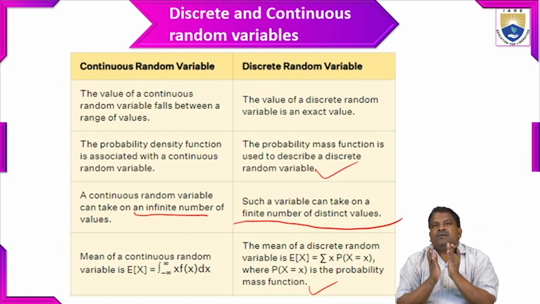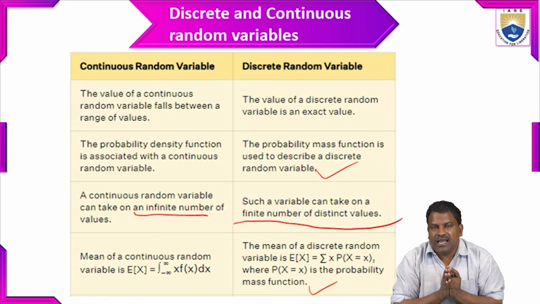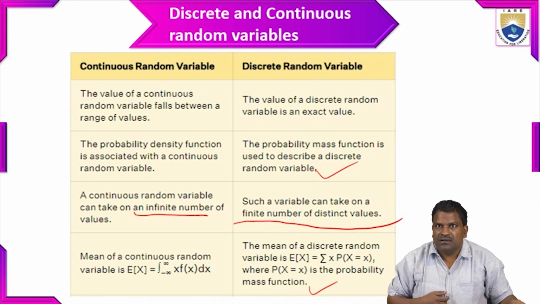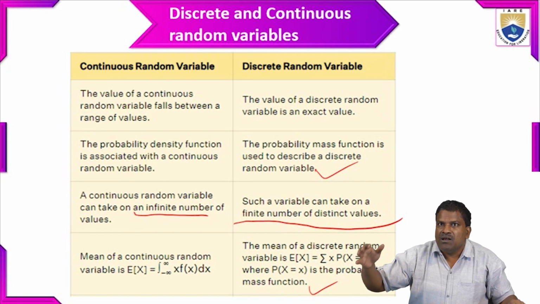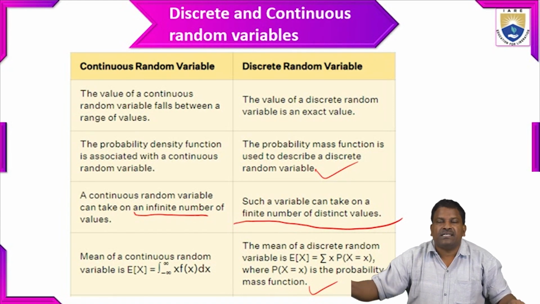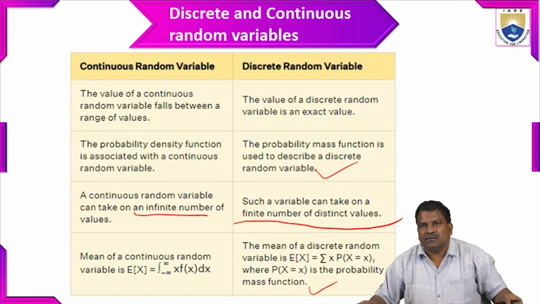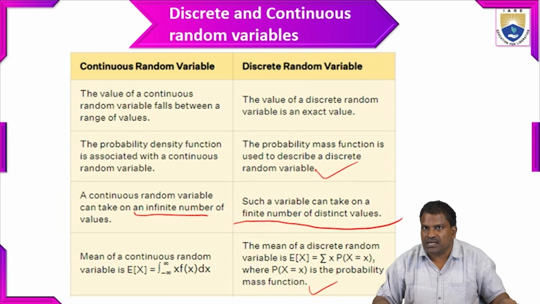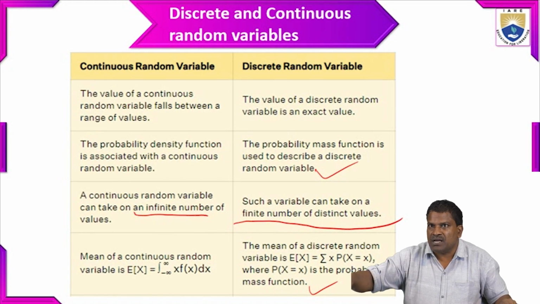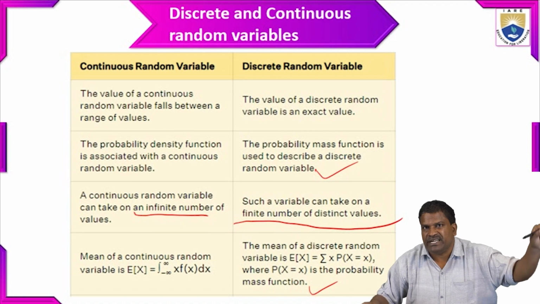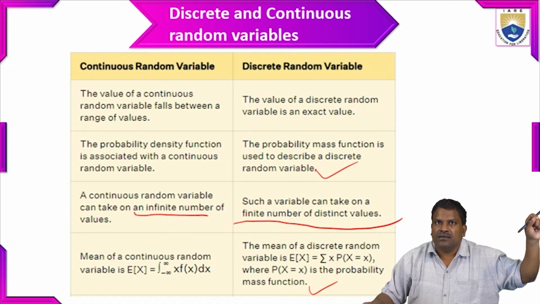That function is named the probability density function, PDF, in continuous random variables, and it is called the probability mass function, PMF, in discrete random variables.